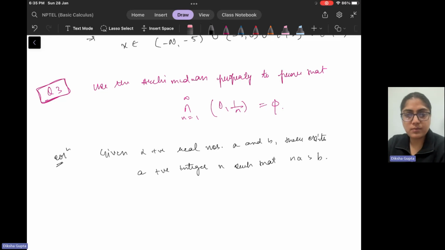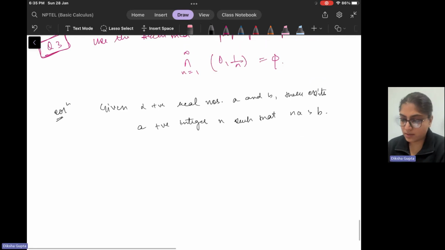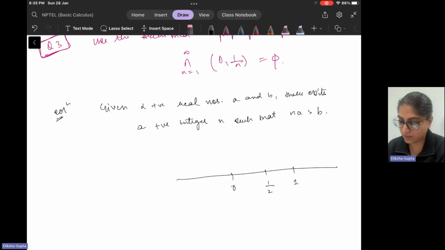Okay, so what does this question say? You have to prove the intersection is empty. How does this look? For n equals 1, 1, then 1 by 2, then 1 by 3, and 1 by 5 will be less again.